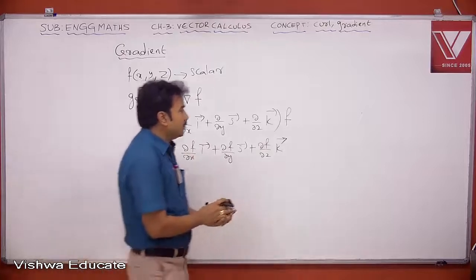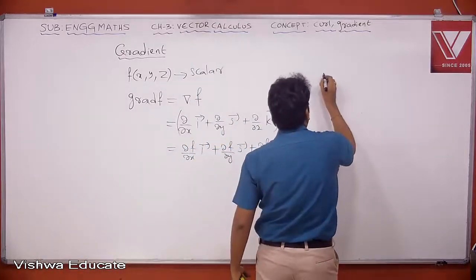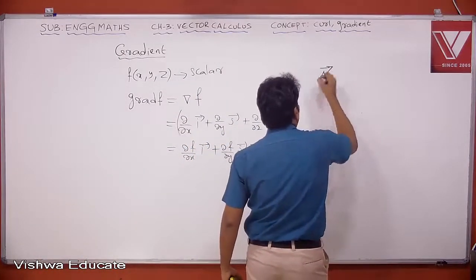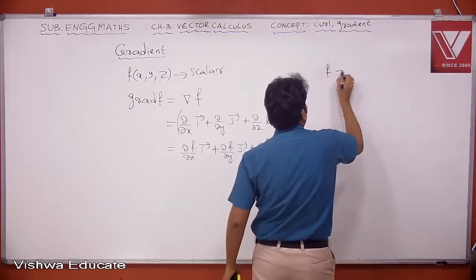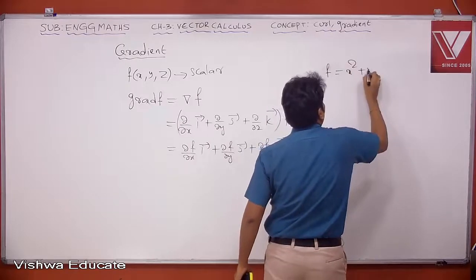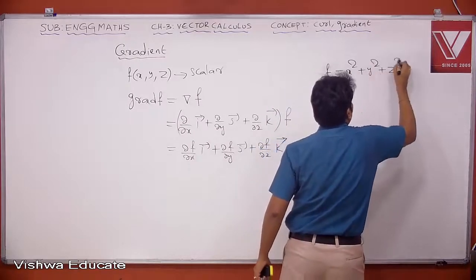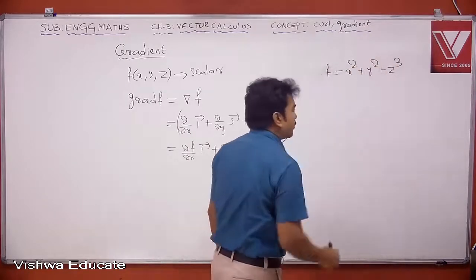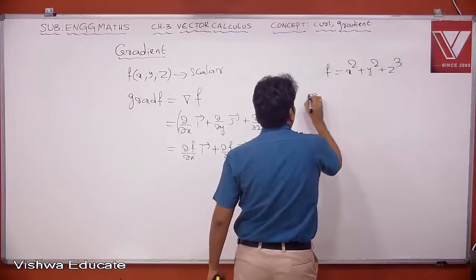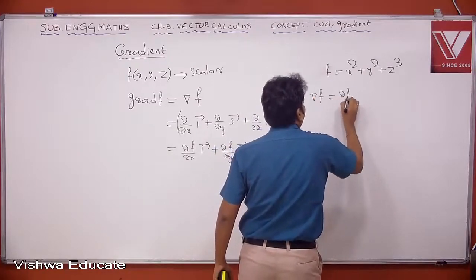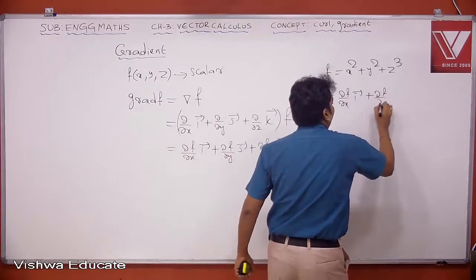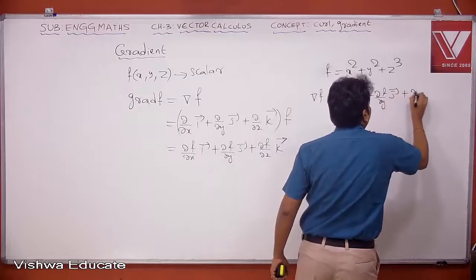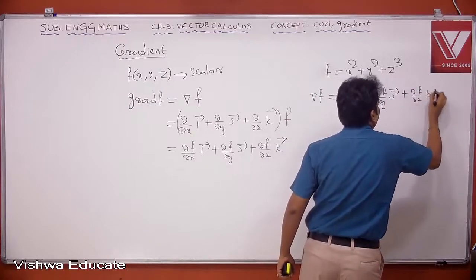Let us take an example. Suppose f equals the scalar x square plus y square plus z cube. Now let us find its gradient. So del f equals dou f by dou x i bar plus dou f by dou y j bar plus dou f by dou z k bar.